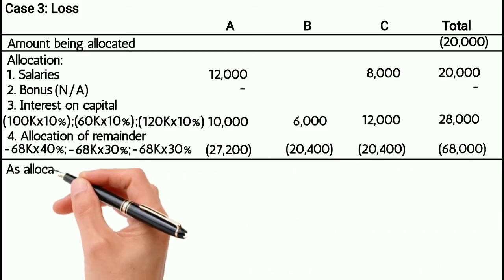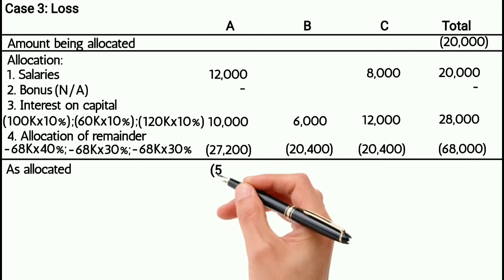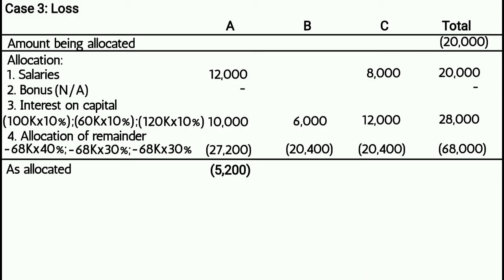Now, we can compute for the respective shares of the partners. For A, 12,000 pesos plus 10,000 pesos minus 27,200, that is equal to negative 5,200. For B, 6,000 pesos minus 20,400, ilan yan?